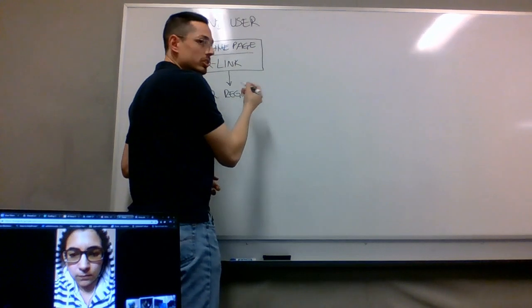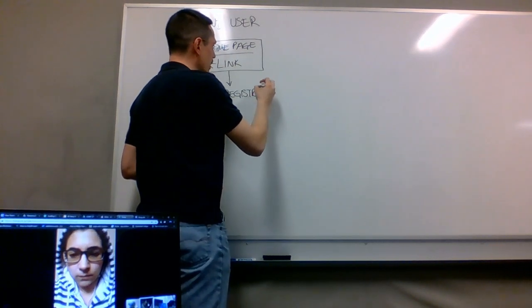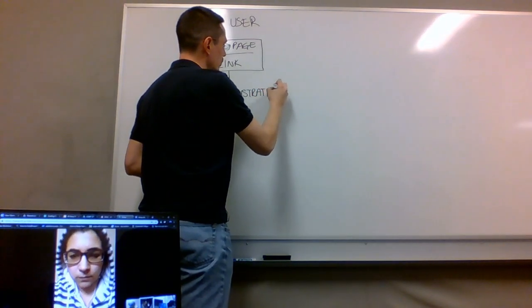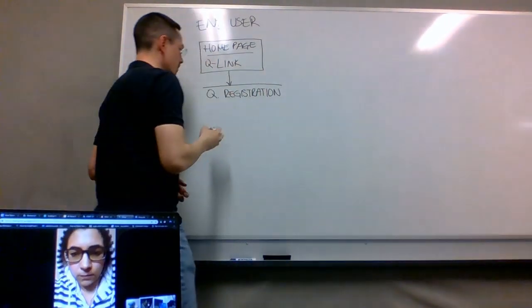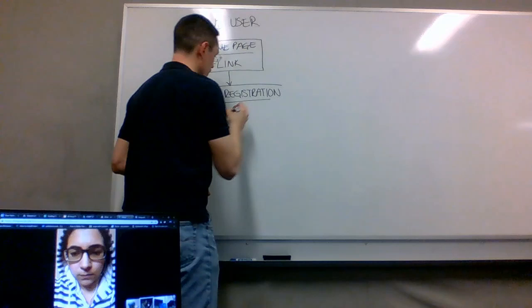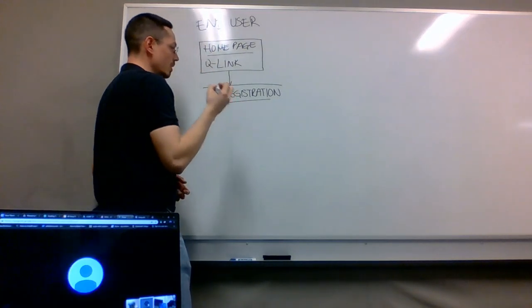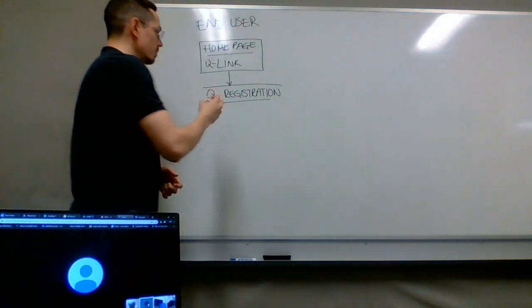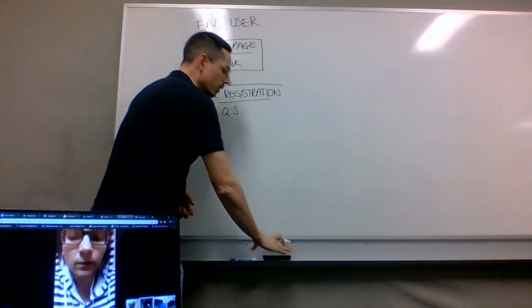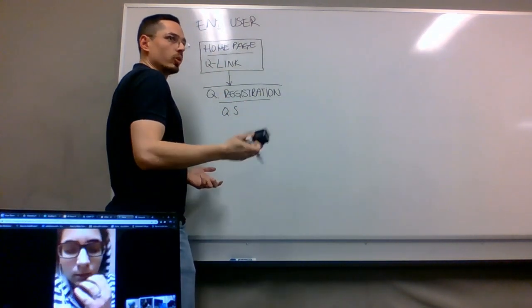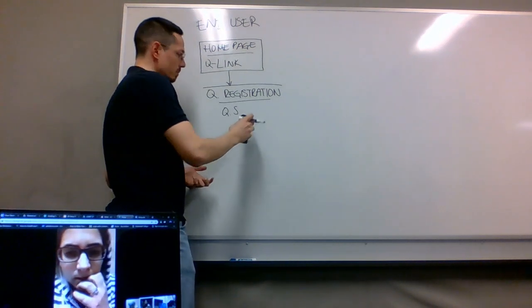What will the user see on this page? So they'll probably see a summary and details about the queue that they're registering for. Summary of the queue. Okay. Well, we can say in general queue information.